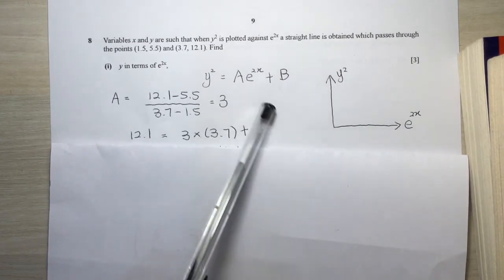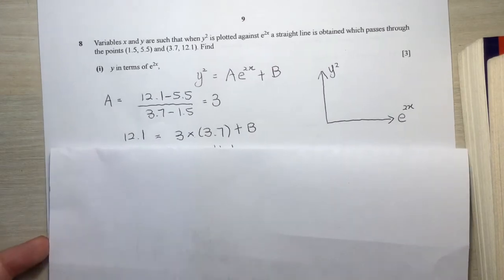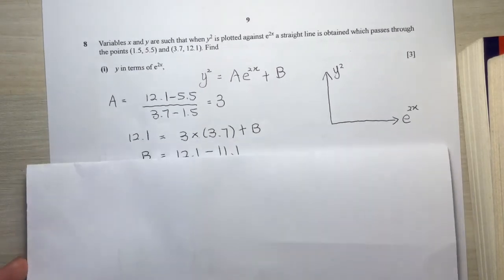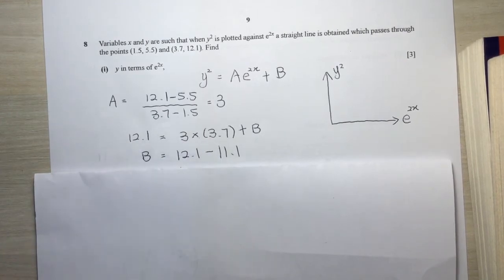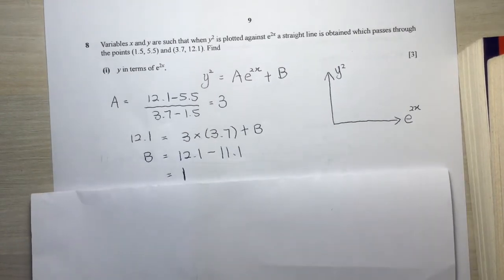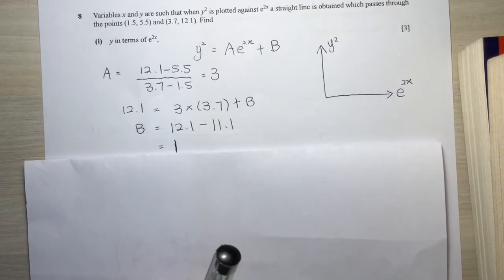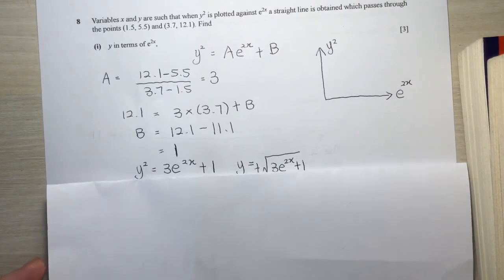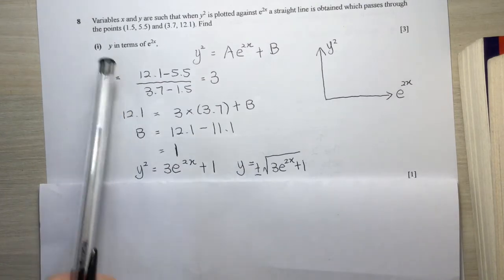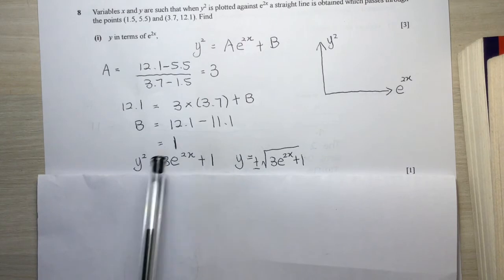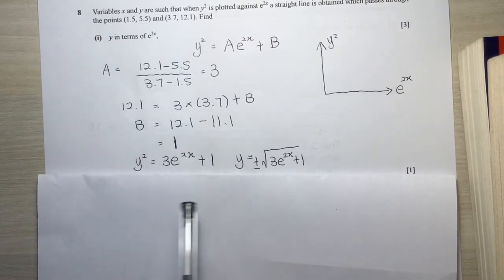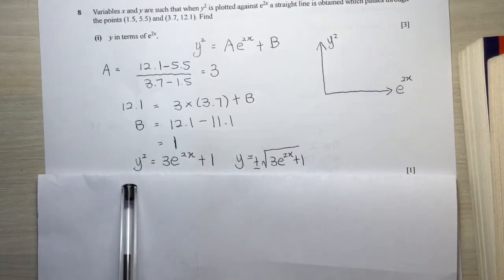So all we have to calculate is the y-intercept b. To find y-intercept b, again, we just sub in and carry on calculating, and then we'll be able to find both the gradient and the intersection of the straight line. Because we have to write y in terms of e to the power of 2x, rearrange your equation after you sub in the unknowns a and b.